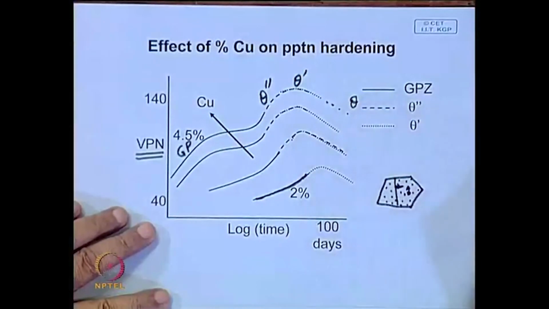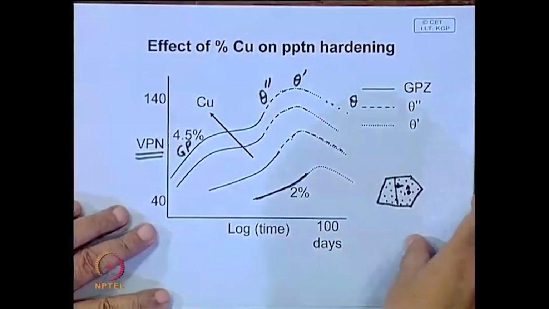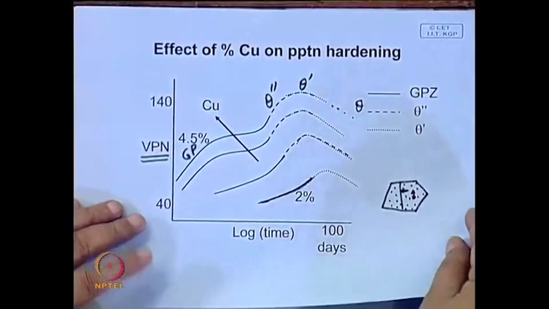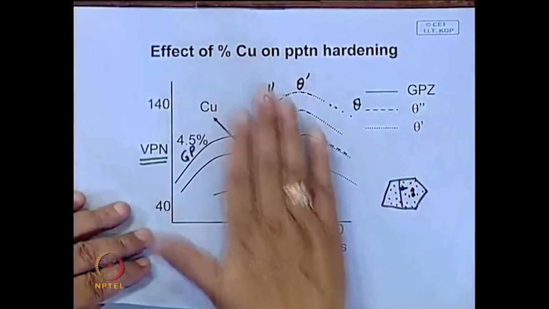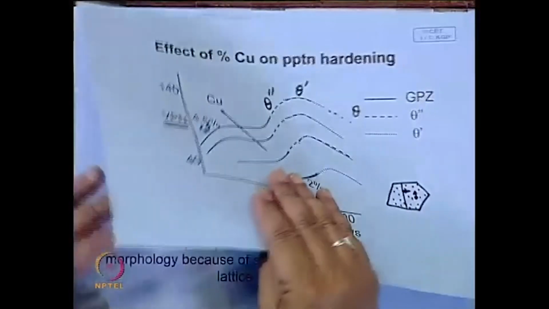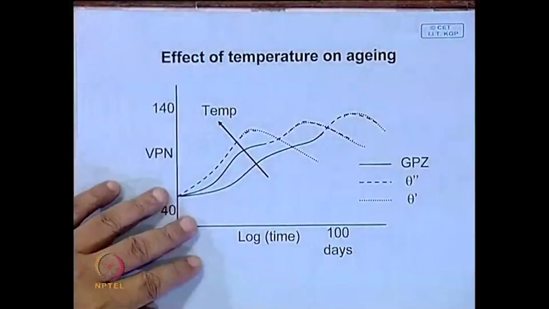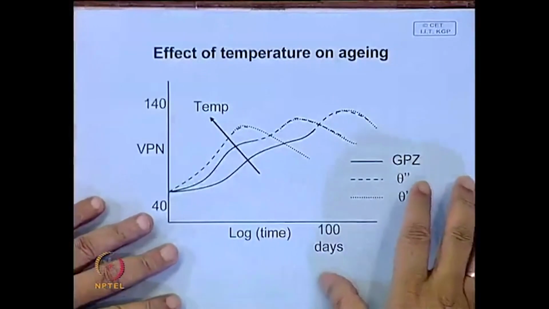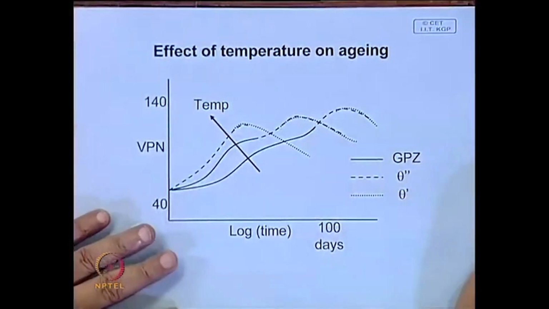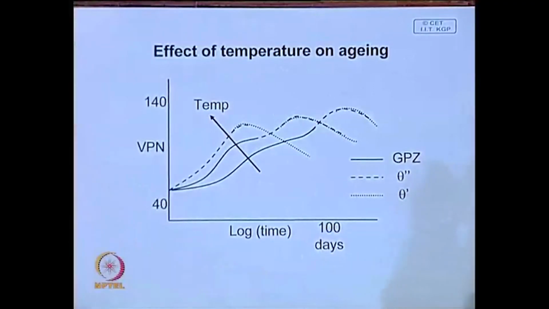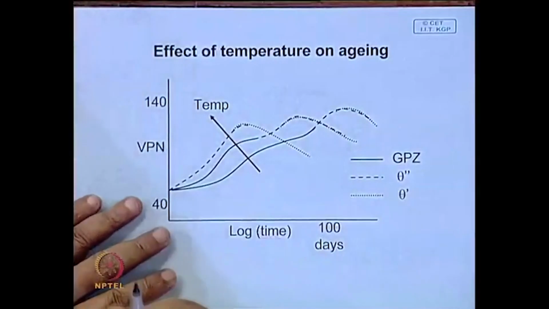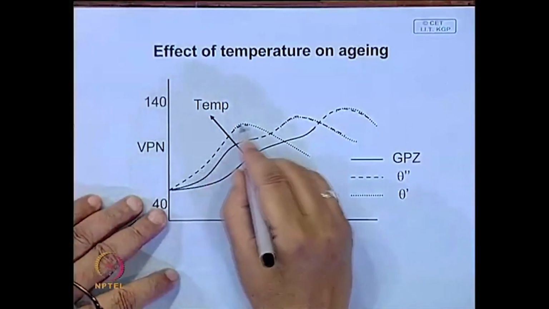So, that will provide a more effective barrier to dislocation movement. So, the extent of hardening will depend on the chemical composition, that is the alloy content, as well as the time of aging. It will also depend on the temperature of aging.